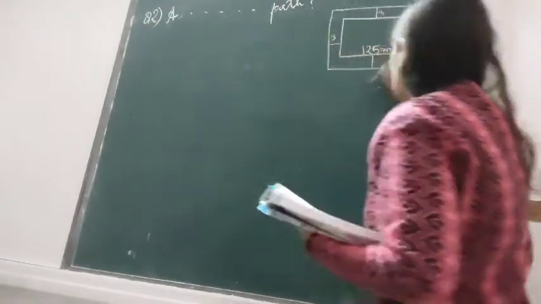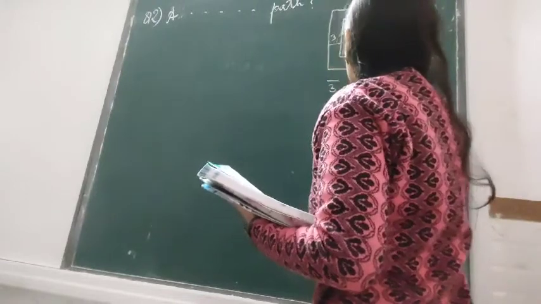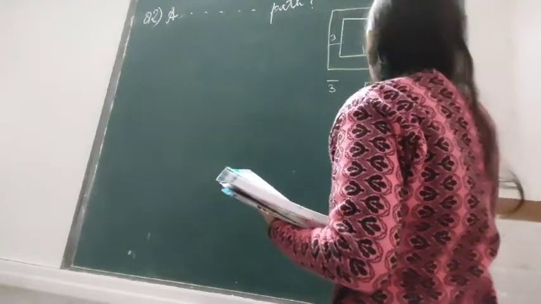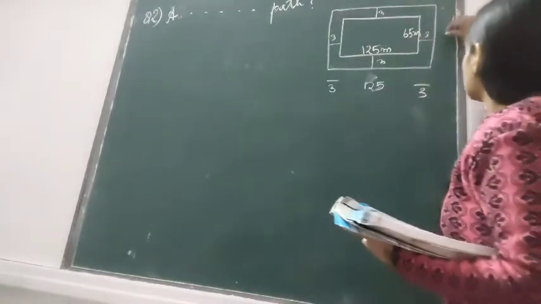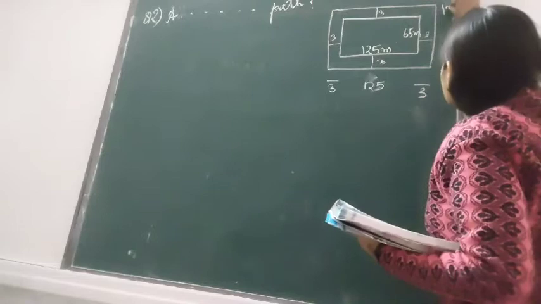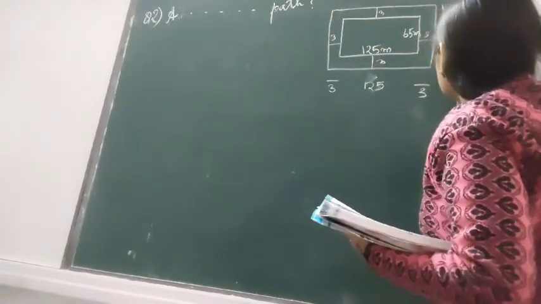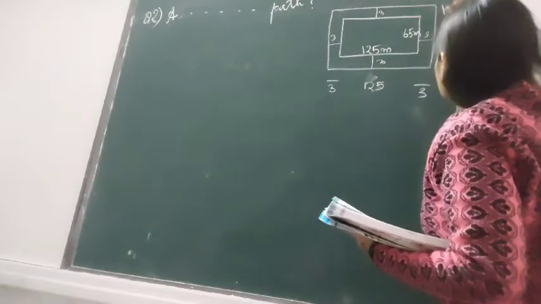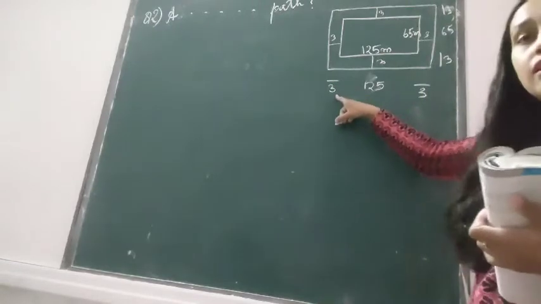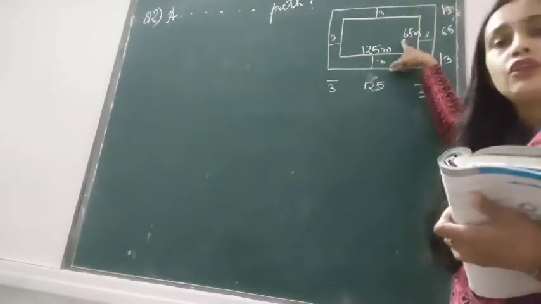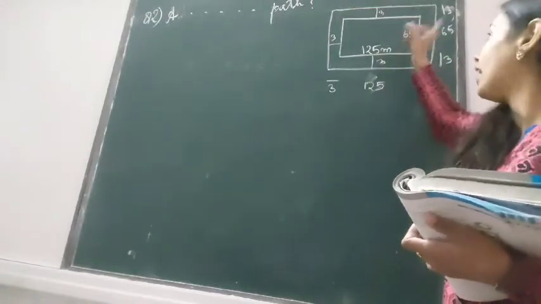So the new length is 3, 125 and 3. Okay, and the new breadth is, this is 3, this is 65 and this is 3. Okay, got it? So we have to add 3 plus 3 on the length and to the breadth to get the new length and breadth.